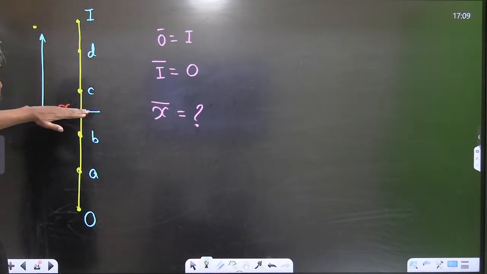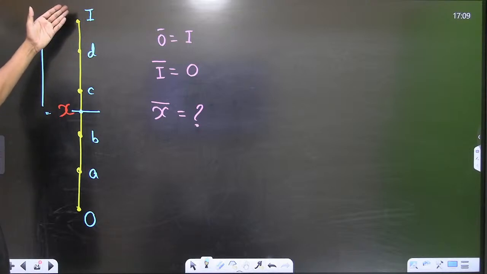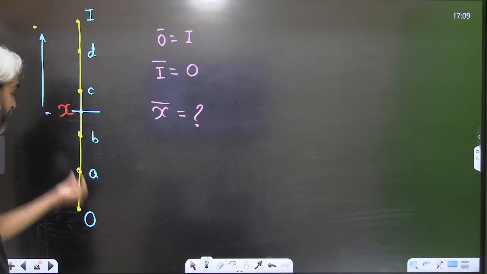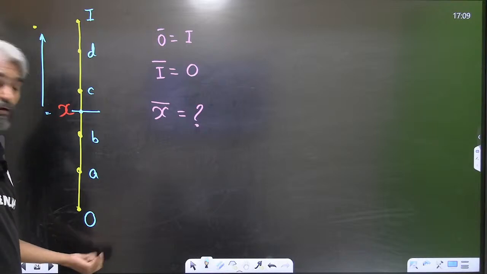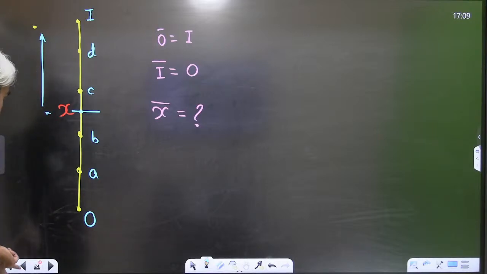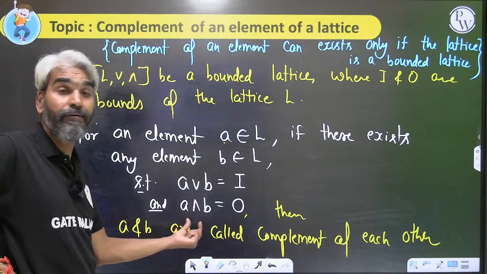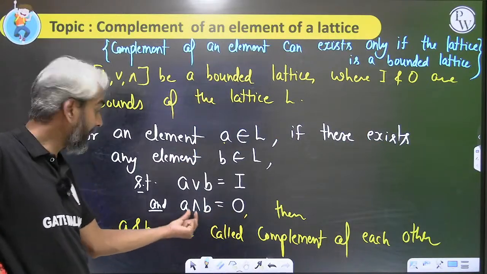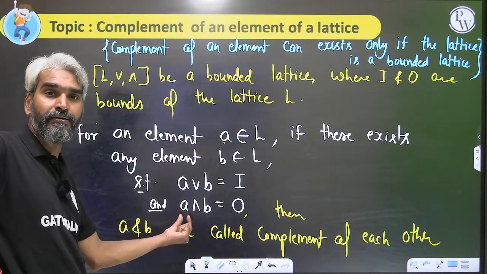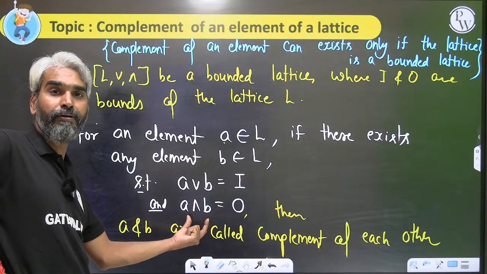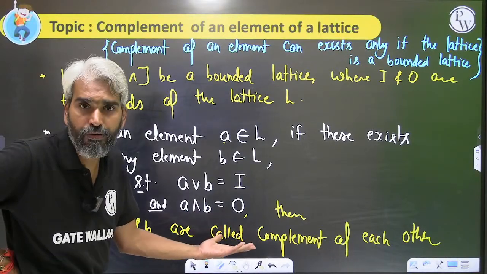Because if you take any element above X and try to calculate the greatest lower bound of that element with X, it will be X. It can never be O. But what's the definition? Two elements can be complements of each other only if the greatest lower bound of those two elements is equal to O. If you take any element above X, then the greatest lower bound of that element with X will be X itself. It can never be O.